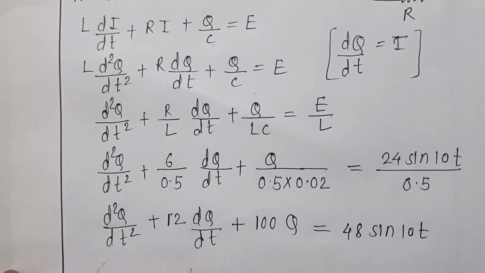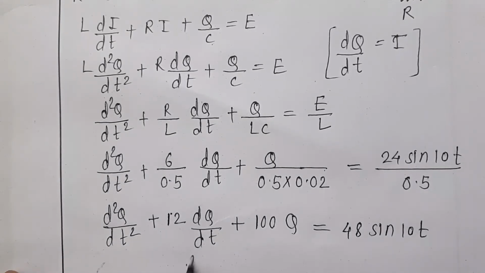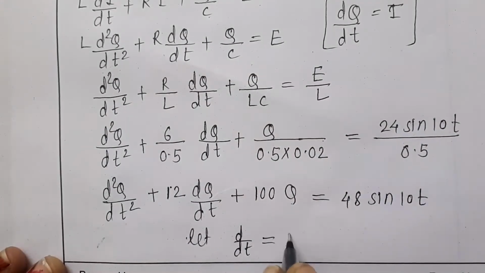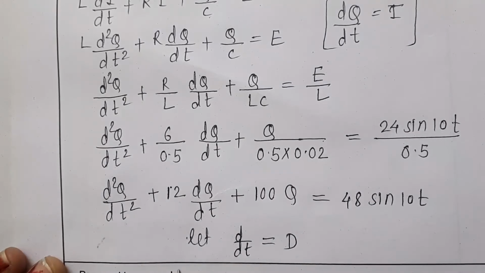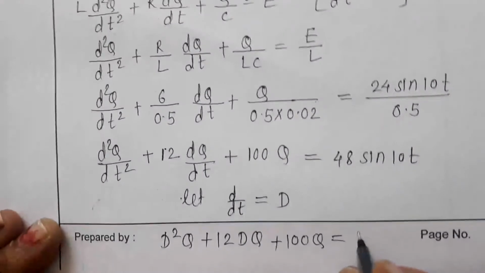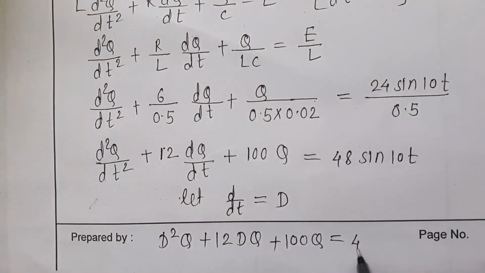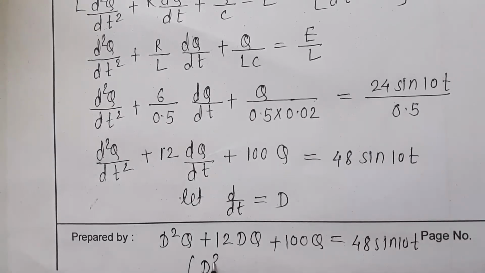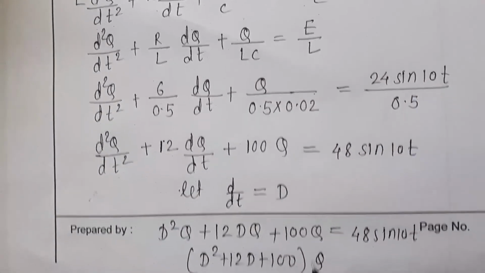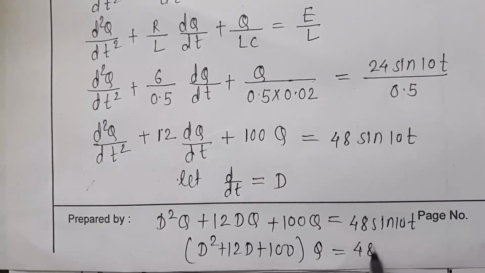Now we denote d by dt as D. So it becomes D squared q plus 12 Dq plus 100 q is equal to 48 sin 10t. Taking q common, (D square plus 12D plus 100) q is equal to 48 sin 10t.